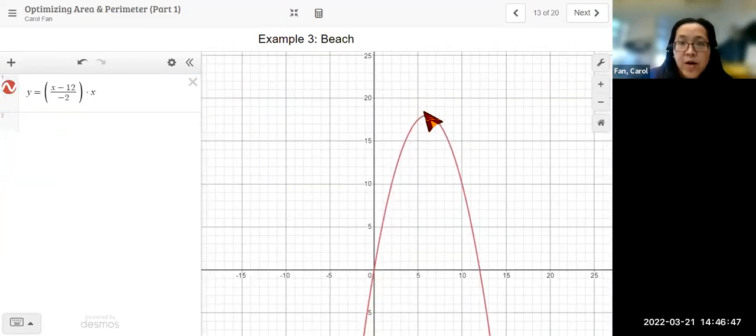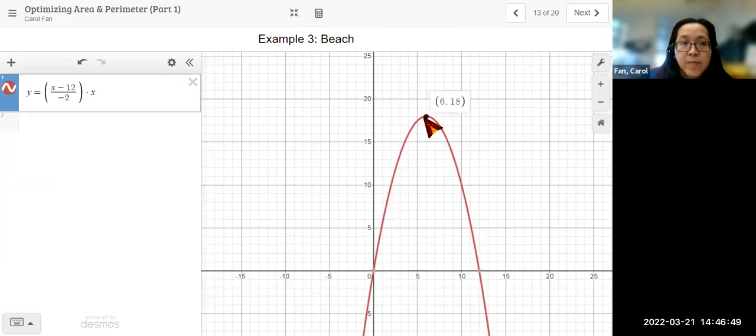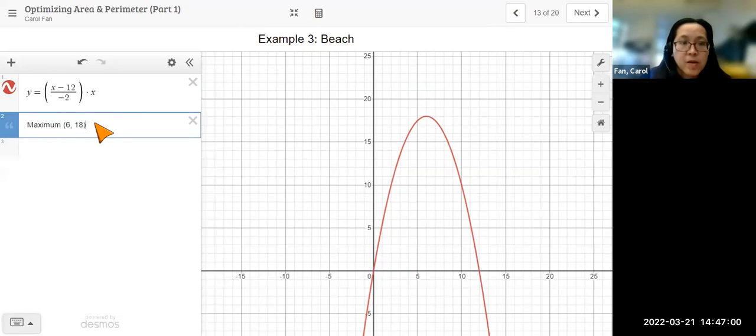Okay, we've got our parabola. Our maximum value is 18. Now, what does that tell us?